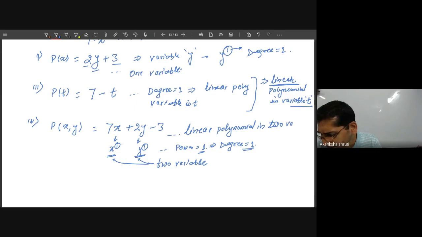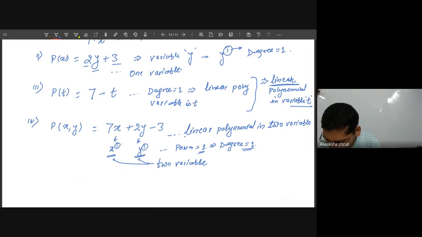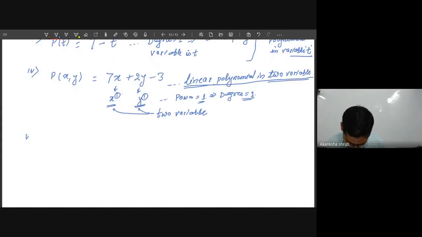Students, we will also learn linear equation in two variables, that is nothing but a linear polynomial in two variables equated to 0. We also have to learn this in class 9 as well as class 10. So power 1 means it is linear. Students, can you say for this one?